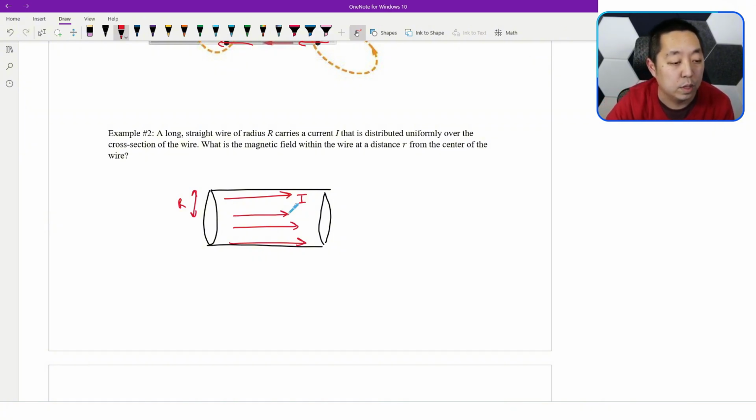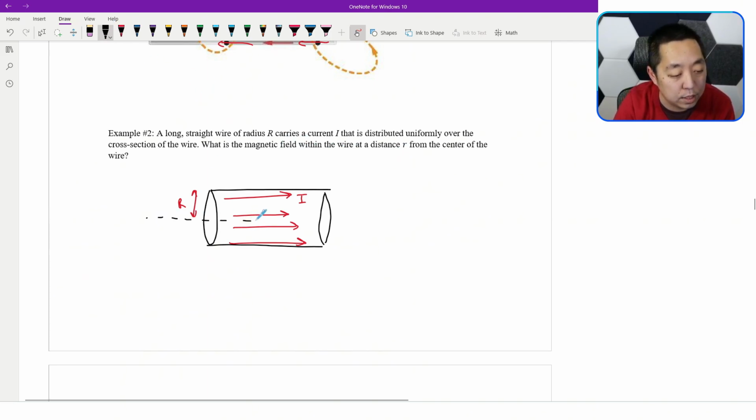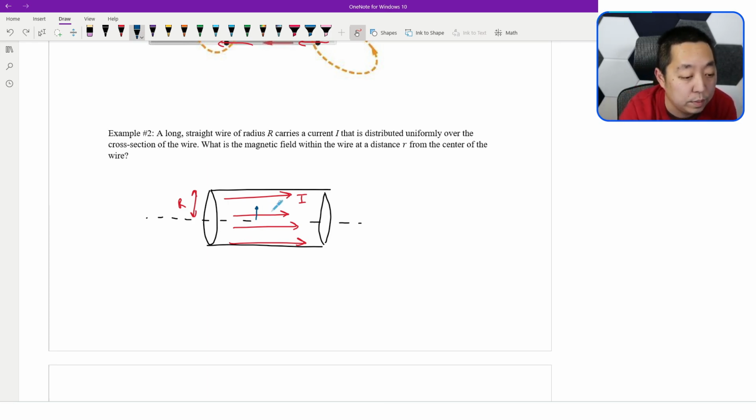What is the magnitude of the magnetic field within the wire at a distance r from the center of the wire? If I think about this as my axes, I would like to know the magnetic field at this point here, a distance little r away.